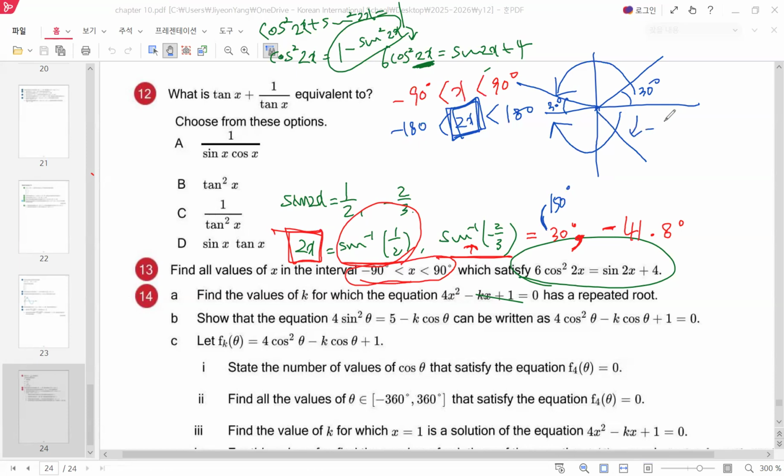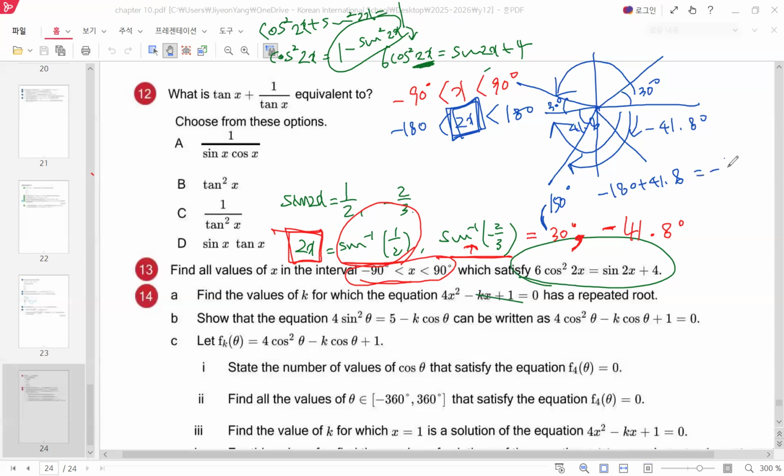Negative 41.8, and this direction, it should be negative 180 plus 41.8. Do you understand?